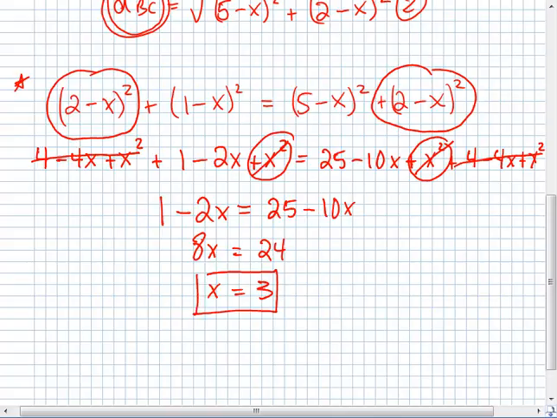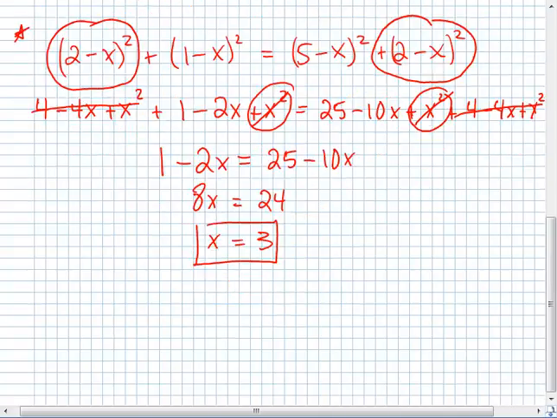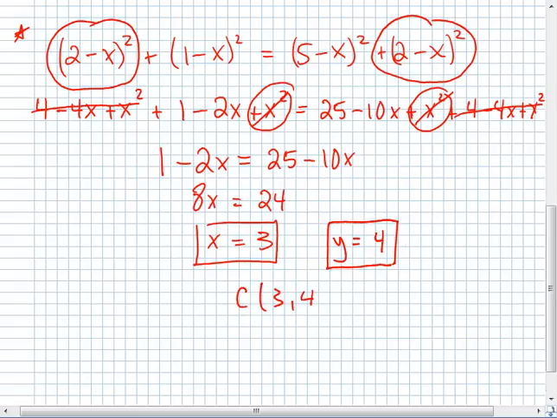Yay, I'm done. But you're not, because the whole point of this question was to find the equation of the line. Well, we know that if x is 3, then y is going to be 4, because from the equation of the line we know that y is equal to x plus 1. So the center of my circle is at (3, 4).